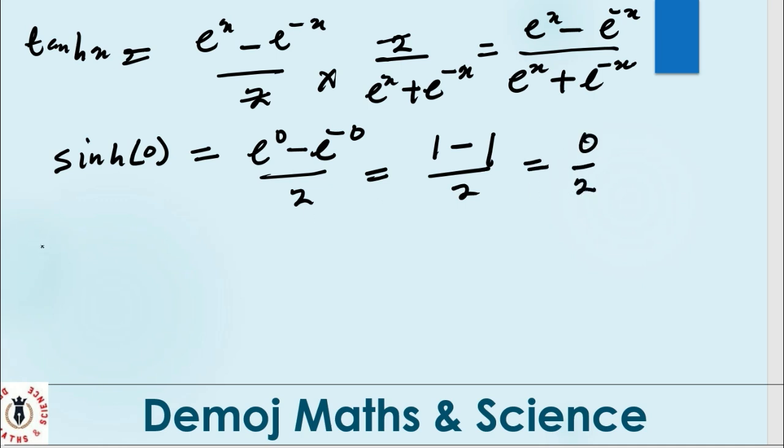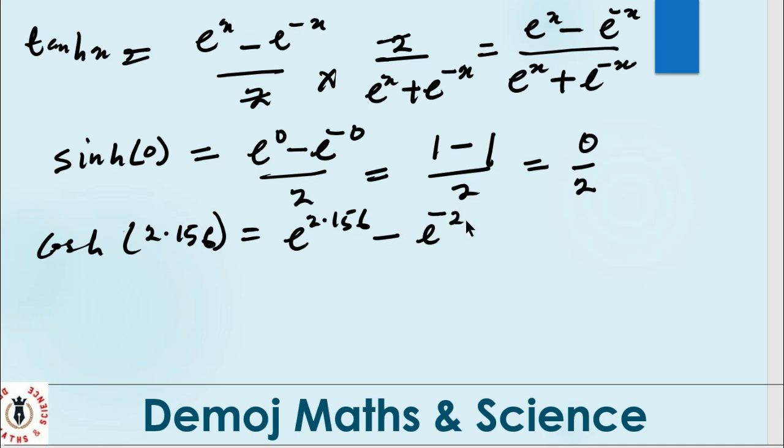Now, the next we are to evaluate is cos. To evaluate the hyperbolic cos of 2.156, which will be the same thing as e raised to the power of 2.156 minus e raised to the power of minus 2.156 over 2. Let's use our calculator.